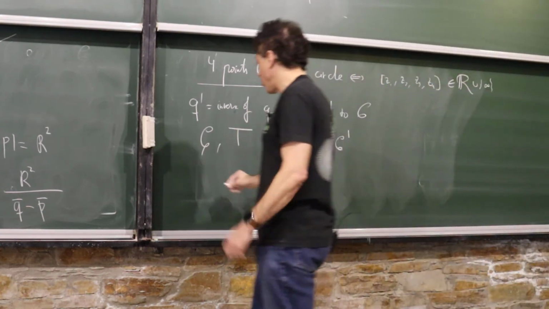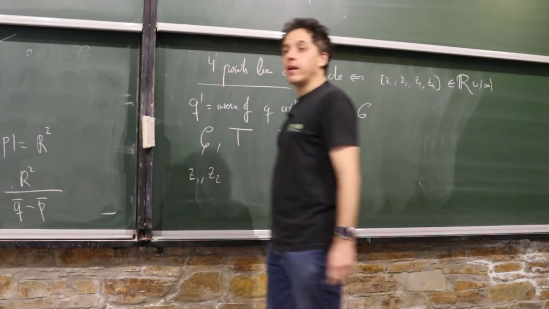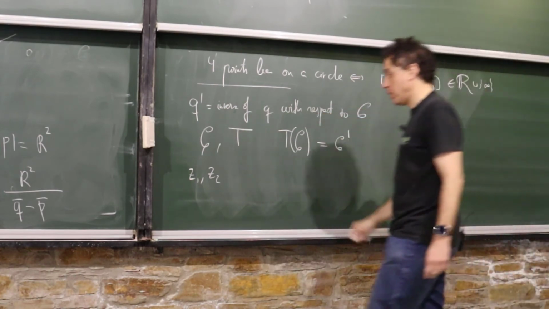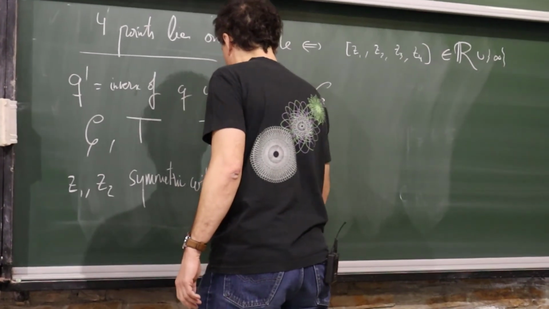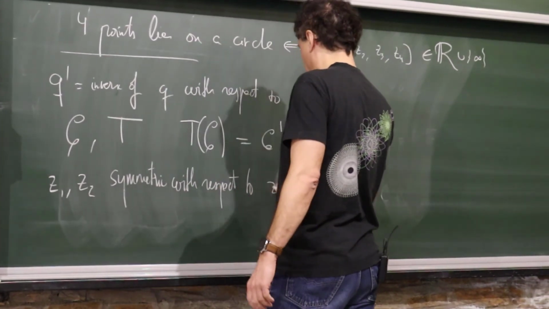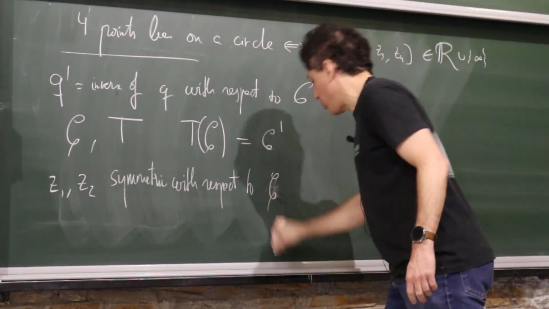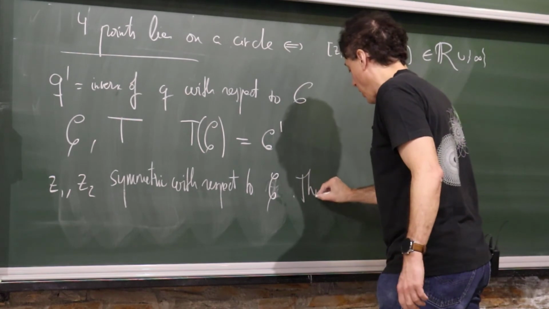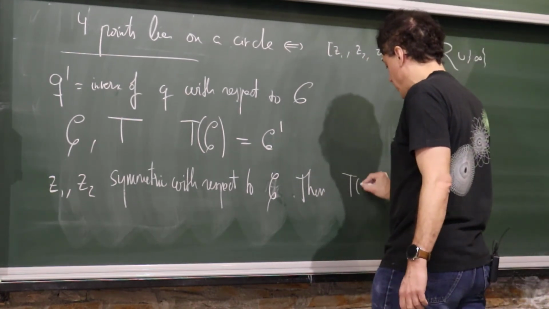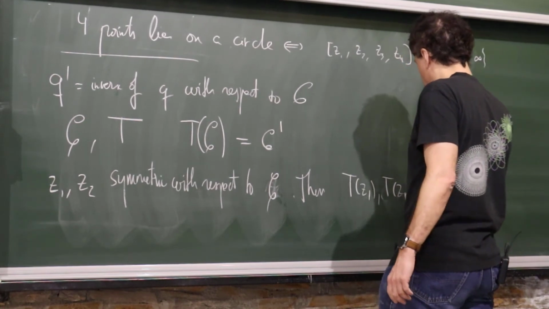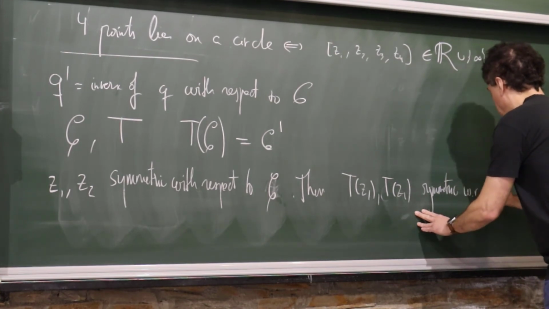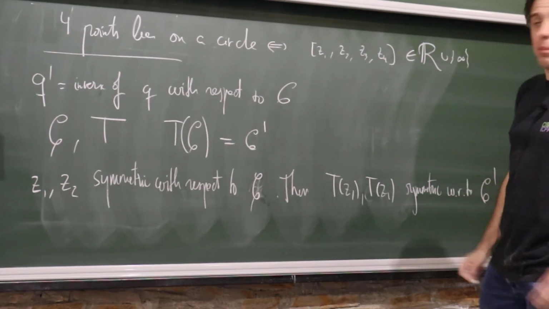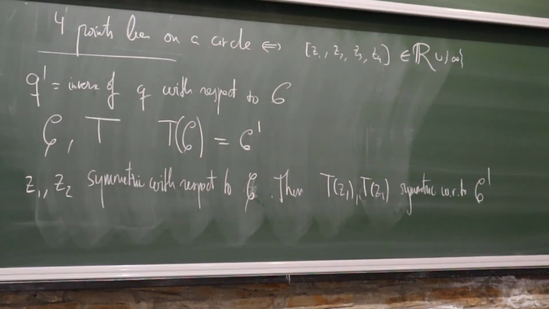You have two points here, Z1, Z2, symmetric with respect to C. Then T of Z1, T of Z2 are symmetric with respect to C prime, always.